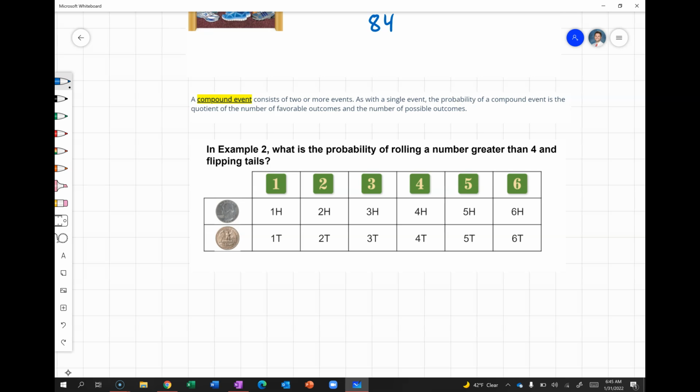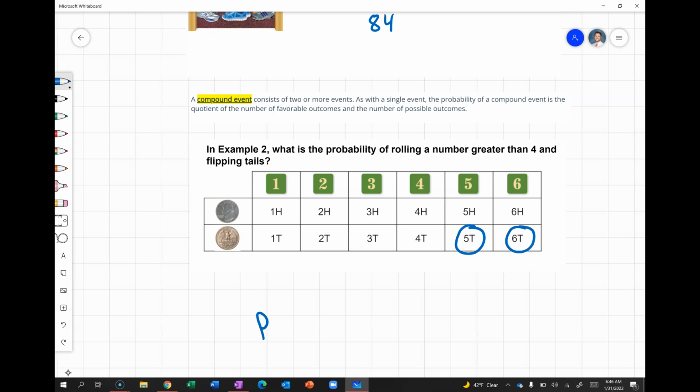Looking back at that example where we were rolling a number cube and flipping a coin, this one asks, what is the probability of rolling a number greater than 4 and flipping tails? A number greater than 4 is going to be 5 or 6, and tails is if the coin lands on tails. So these are our 2 favorable outcomes.